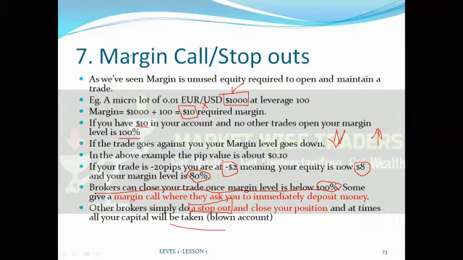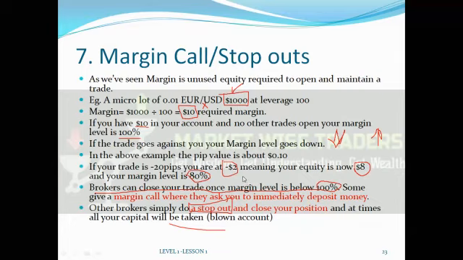So some are courteous. They give you a margin call. They send you an email or text message to say, sir, you put $10 up front, but now you're below $10. Can you top up? And if you don't, they're allowed to close. But most brokers allow you to go down to about 70% margin level.